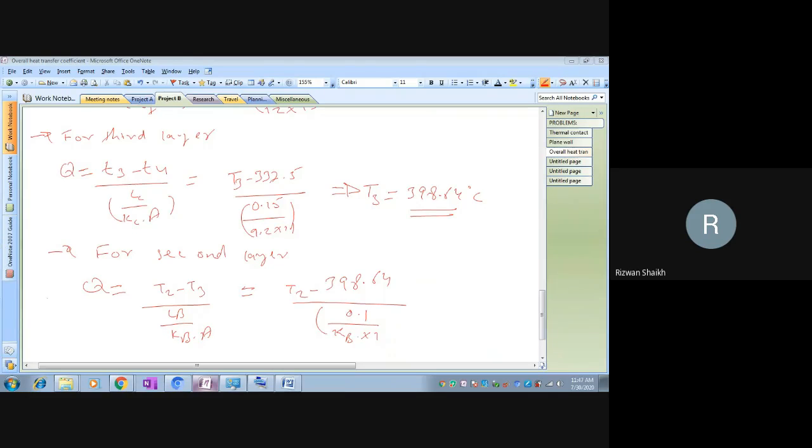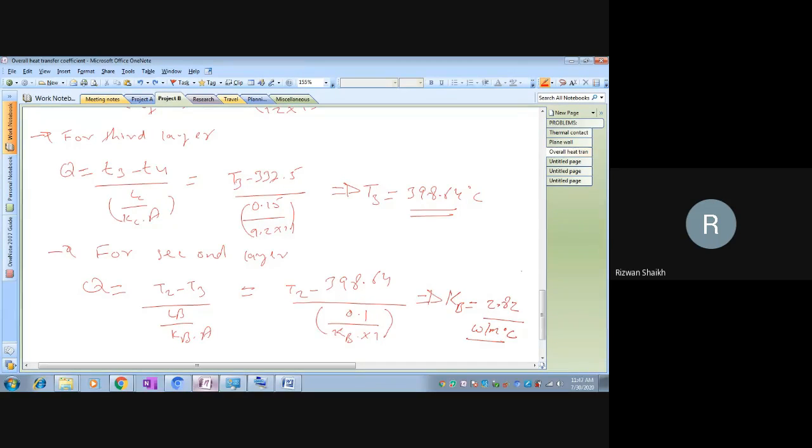T2 we had already calculated before, so from this equation we get KB. It is 2.82, the unit is watt per meter degree Celsius. So this is the value we got for KB.